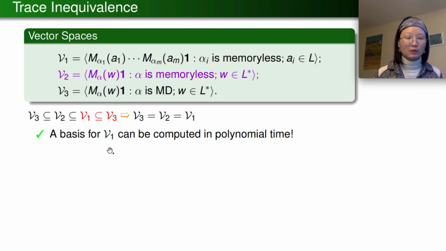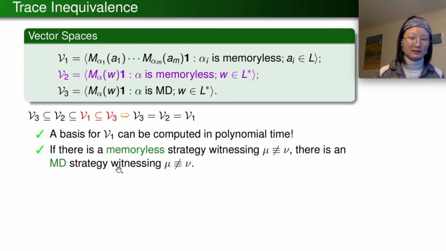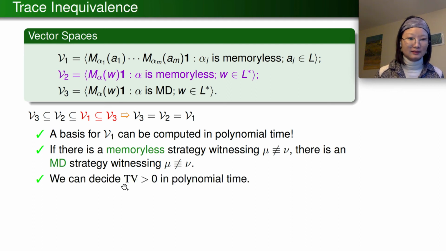Since a basis for V1 can be computed in polynomial time, a basis for V2 can be computed in polynomial time. Then since V2 is equal to V3, this means if there is a memoryless strategy witnessing mu and nu are trace inequivalent, then there's a witnessing MD strategy. And we can decide this problem TV greater than 0 in polynomial time.